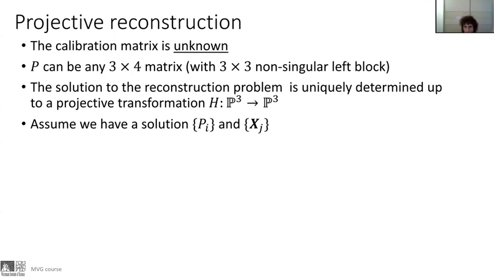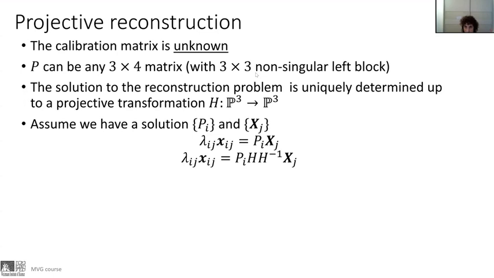So assume we have some solution, Pi. I already know the cameras and I know the points in the space. So it means that I know how to solve this equation. Now, what can I do? I can take any homography from P3 to P3 and put it between Pi and Xj.